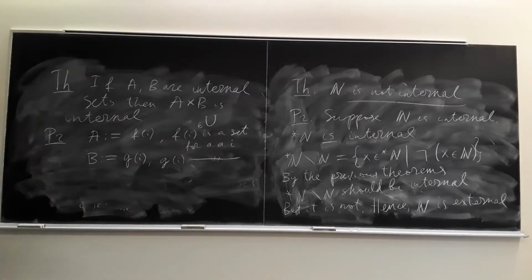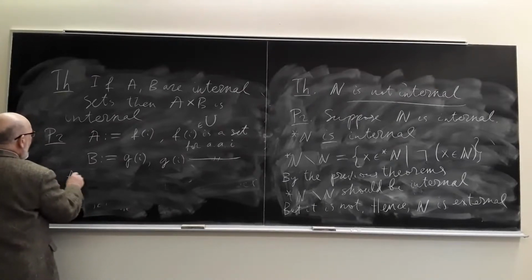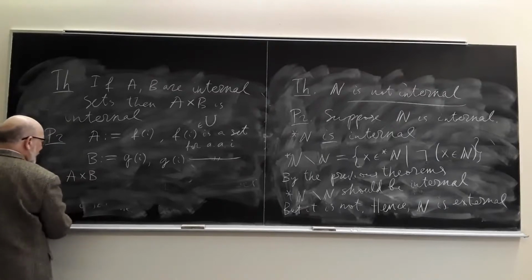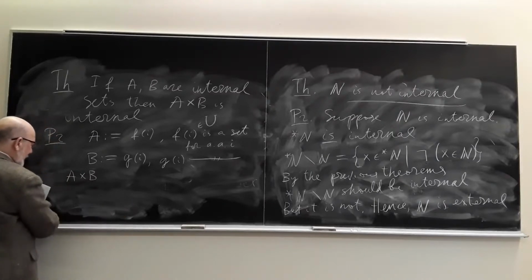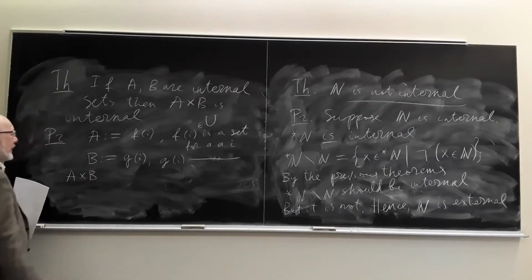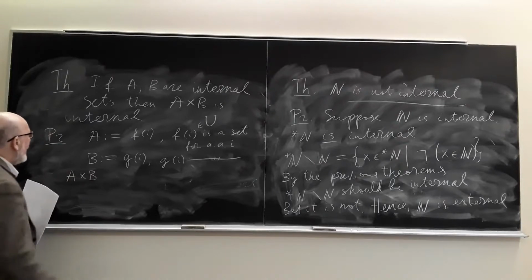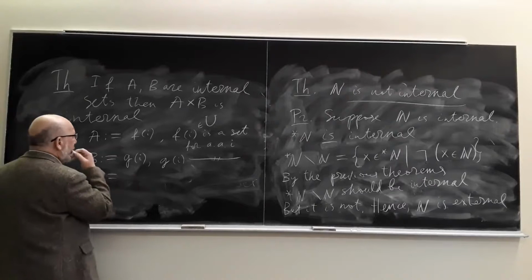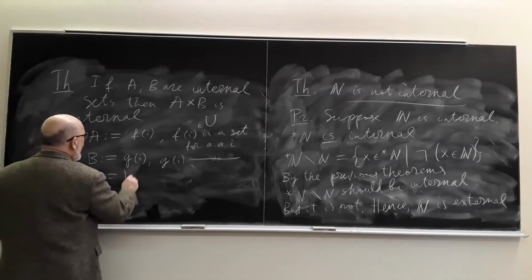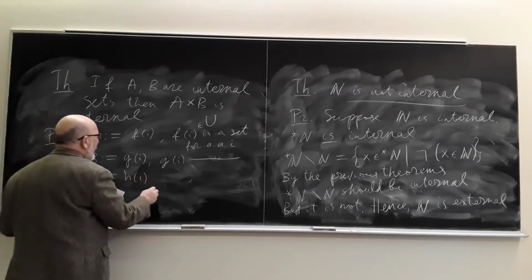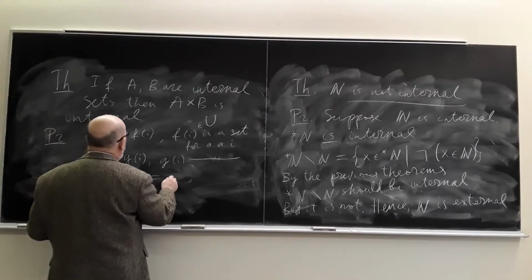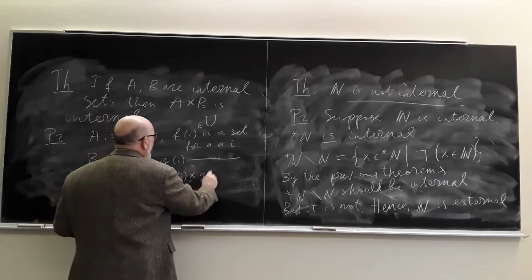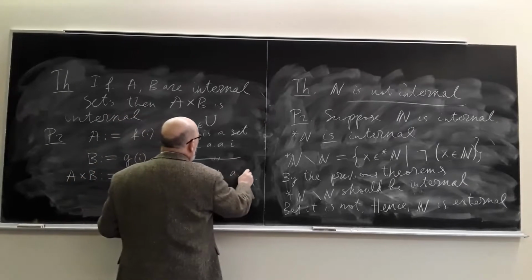And A cross B, this was a theorem which I proved before, is the following set H of i, equal to F of i cross G of i, also almost everywhere.